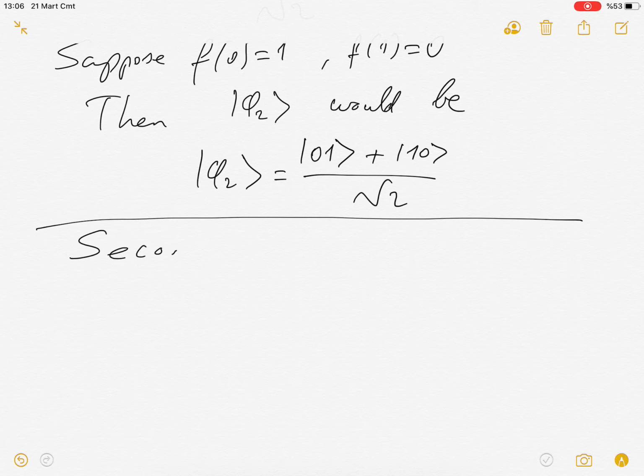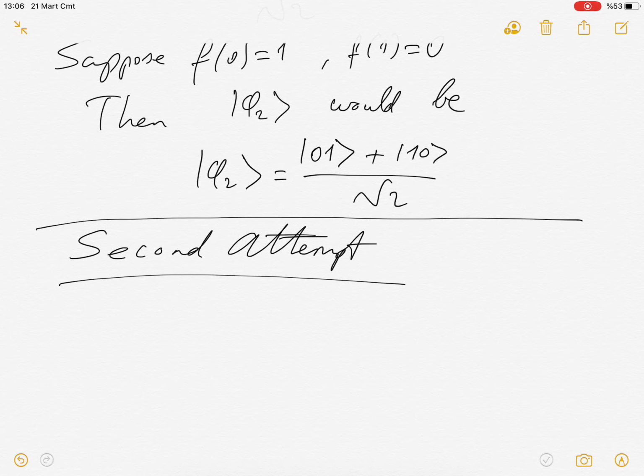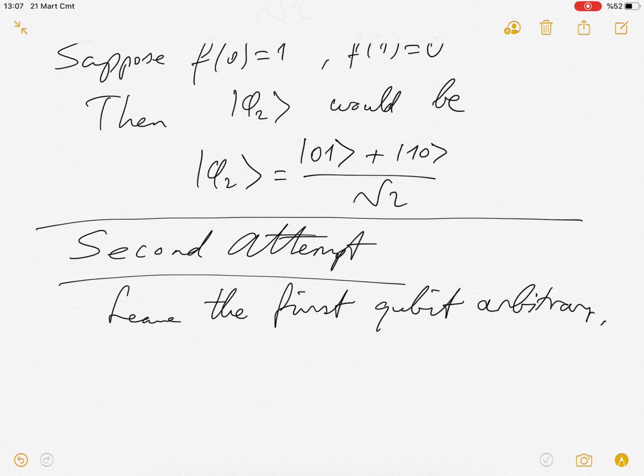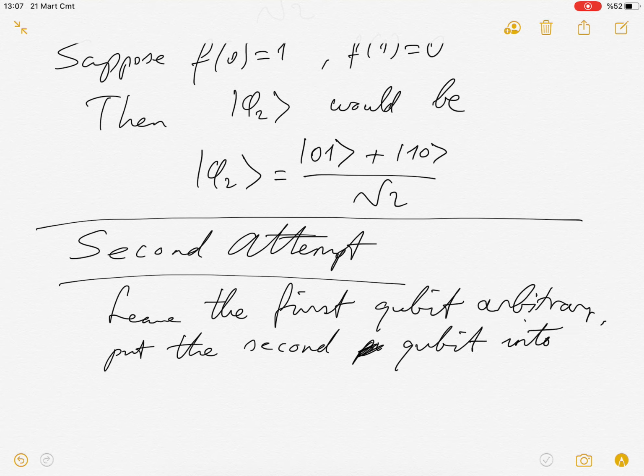As our second attempt, rather than leaving the second qubit in state 0, we leave the first qubit arbitrary, and we put the second qubit of UF into the minus phase superposition state, that is (|0⟩ - |1⟩)/√2.